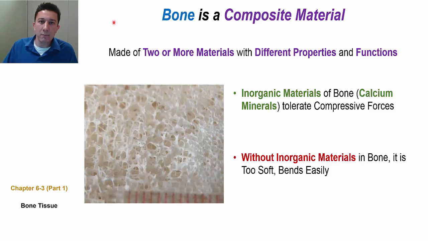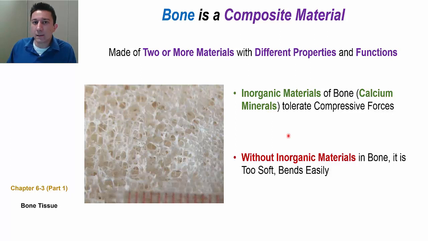When you remove that bone from the vinegar solution, you'll find that it's quite flexible and bends very easily, because you've dissolved most of the calcium minerals away, and you're only left with the collagen and the organic materials of bone that allow it to be flexible. So without the inorganic materials, bone would be too soft to support body weight, and it would bend quite easily.